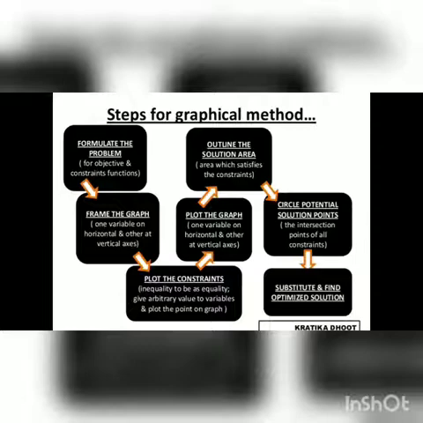It means treat the inequality as an equality, give arbitrary values to the variables, and plot the points on the graph, so that we can analyze the whole situation of the problem to find a feasible and very effective solution for that problem.